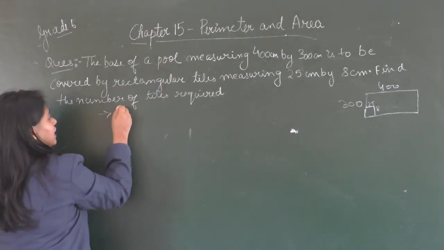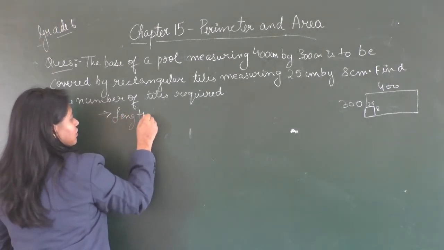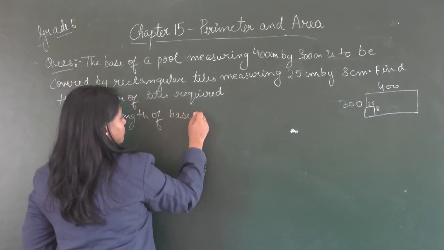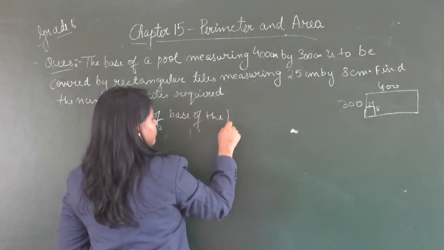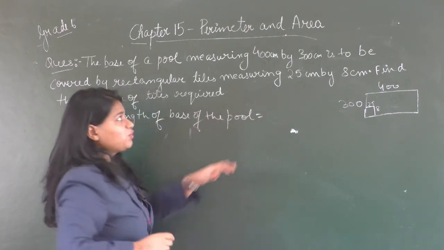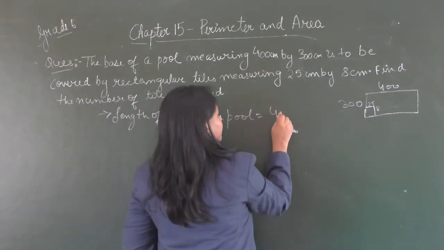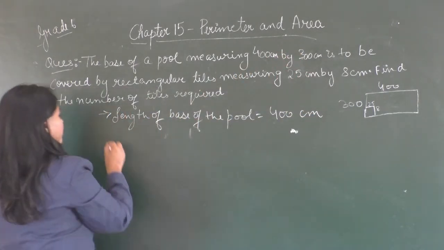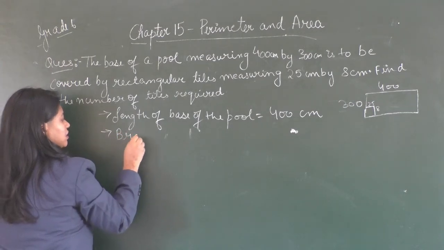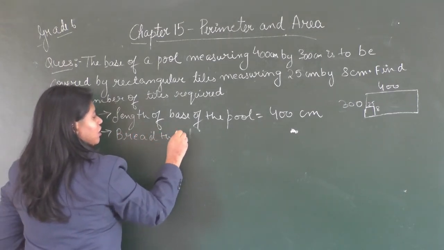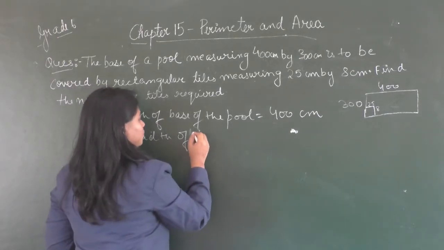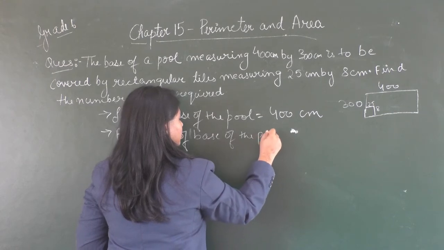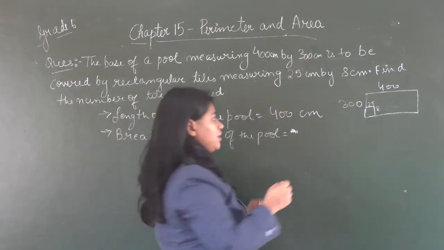We know that length of the base of the pool is equal to 400 centimeter, that is given in the question. We also know the breadth, so we will mention the next statement, that is breadth of the base of the pool is 300 centimeter.